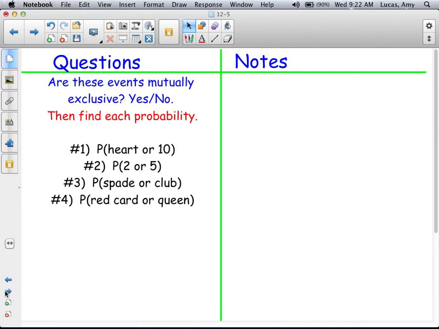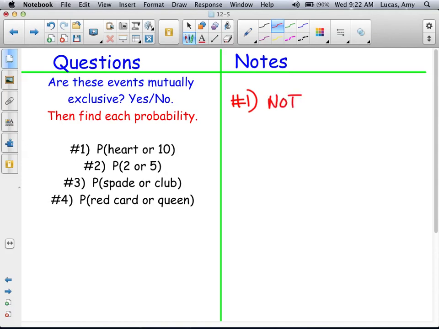Next question, are these mutually exclusive events? Yes or no? Then find each probability. So that's asking, can they happen at the same time? Heart or a 10. So that's not mutually exclusive because there are going to be 13 hearts and 4 10s, but one of those is a 10 of hearts.